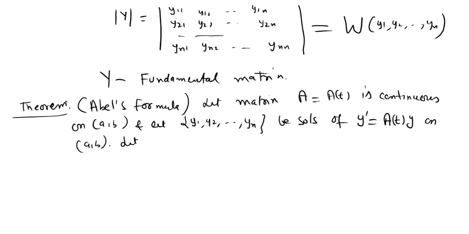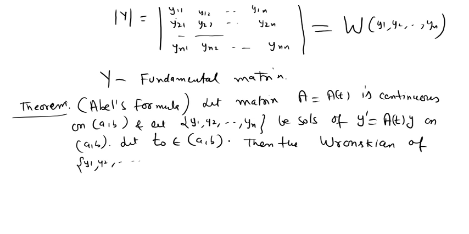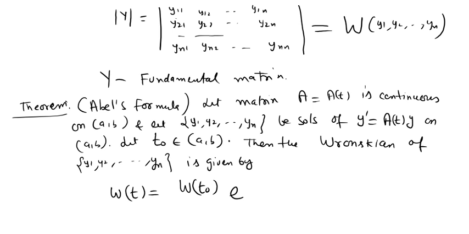and further let t0 be any point in AB. Then the Wronskian of y1, y2, ..., yn is given by W(t) = W(t0) e raised to the power, I am writing it as exponential, integral t0 to t of trace of matrix A. Since you have variable limit t, inside the integral I am replacing t with s.